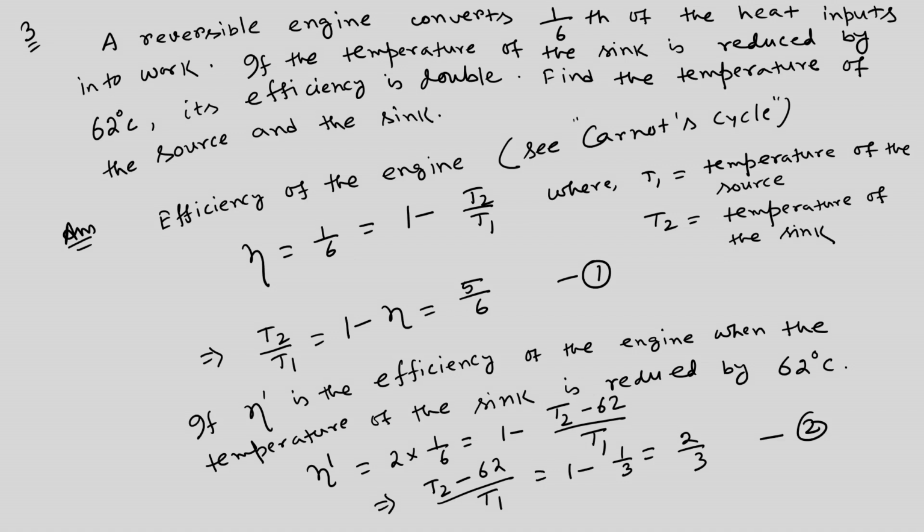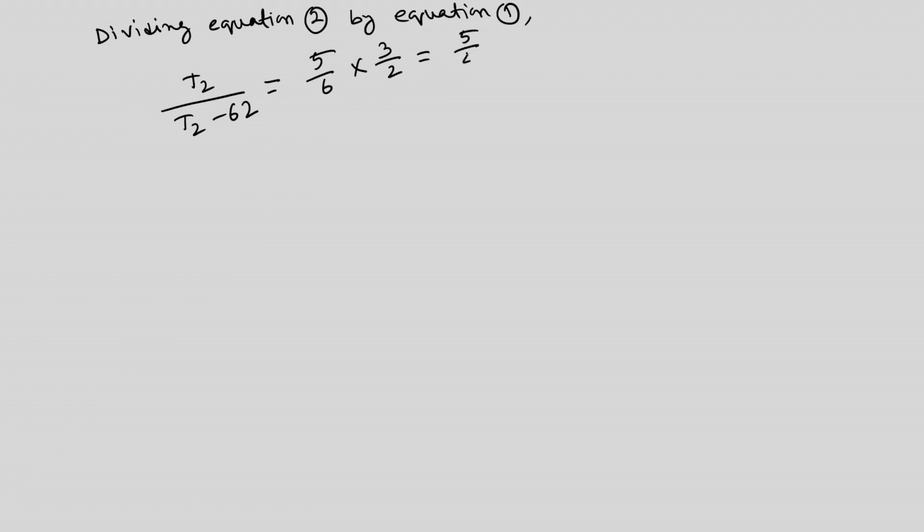So, dividing equation 2 by equation 1, we get T2 by (T2 minus 62) equals 5 by 6 times 3 by 2, so we get 5 by 4.